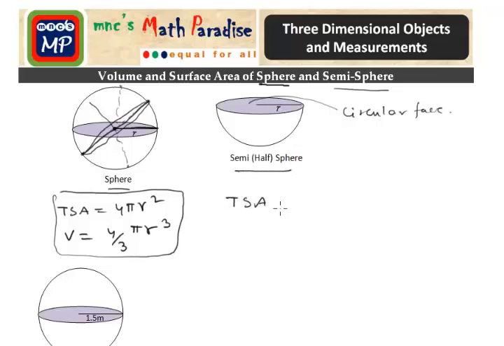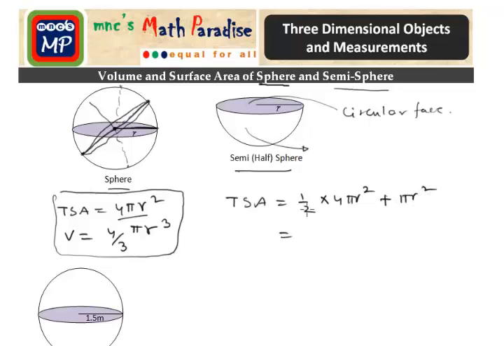So the total surface area for this semi-sphere will be half of the surface area that it got from this sphere, which is half of the total sphere surface area, which is 4 pi r square, plus the area that generates because of this cut, this circular face, and this circular face area is pi r square.